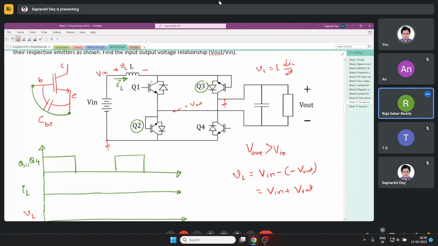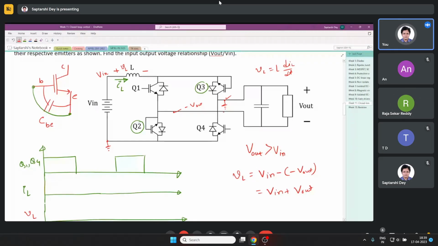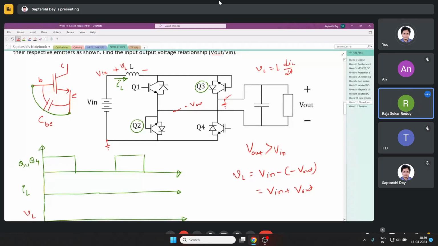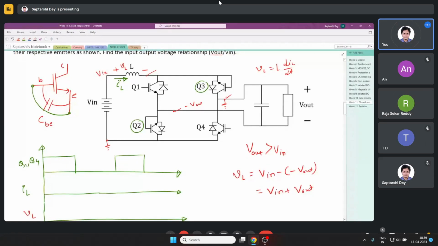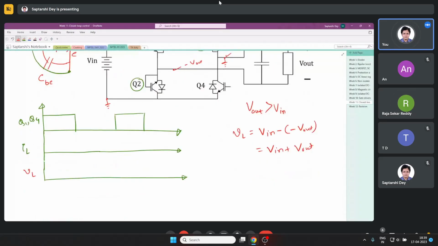This is at minus because you see it is flowing like this. Q4 is shorted, so this point becomes the ground. So this is at lower potential, minus V out, that is connected to this point of the inductor. So VL is positive, V in plus V out.